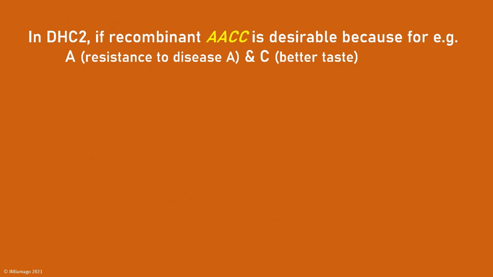Now, in dihybrid cross number 2, assuming that we have a target recombinant genotype, in this case we want the homozygous dominant A and homozygous dominant C, because dominant A codes for resistance to disease A, and a dominant C gene codes for better taste of fruits of this particular plant.